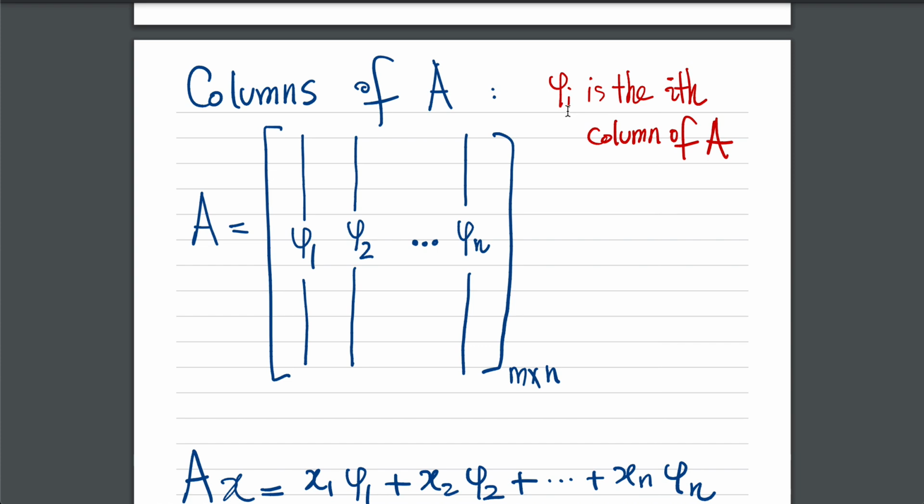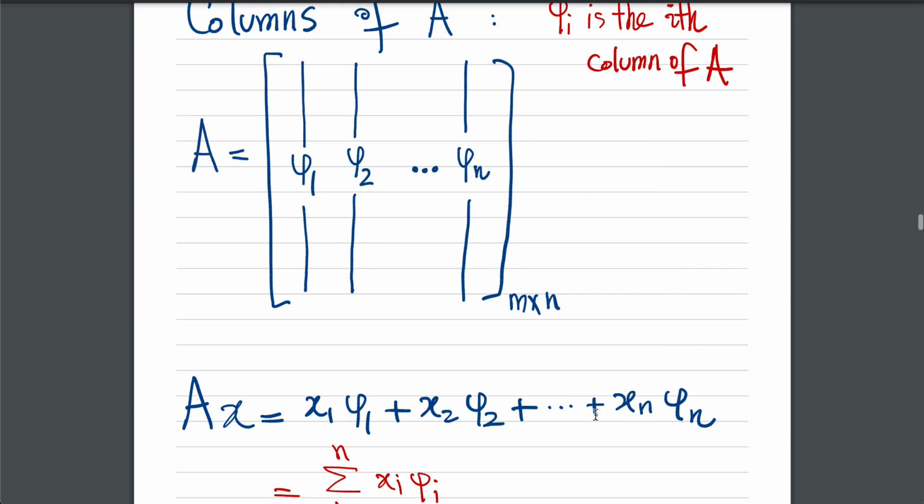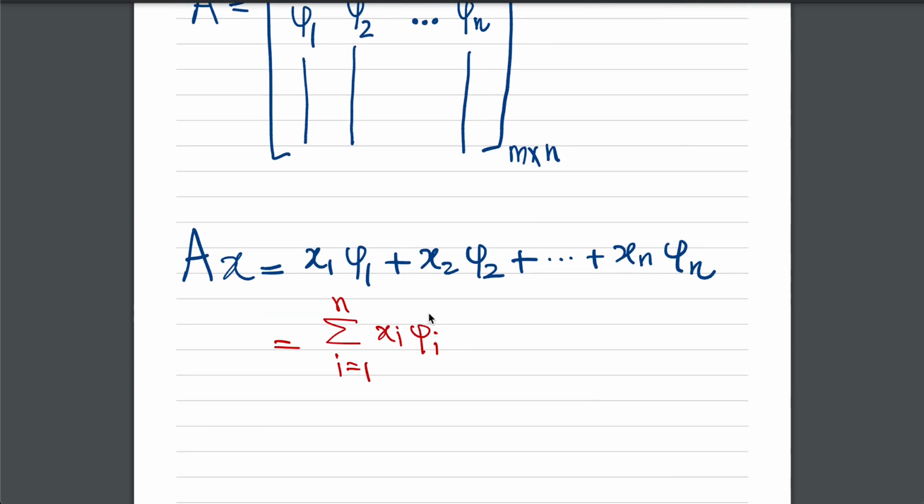So phi i is the ith column of A. So AX is nothing but x1 phi1 plus x2 phi2 up to xn phi n.